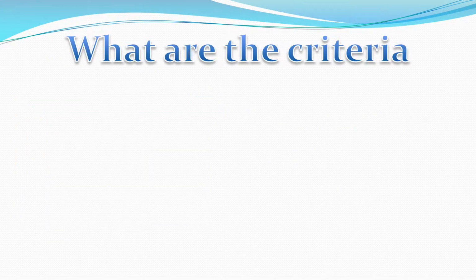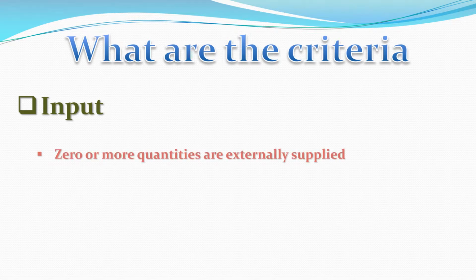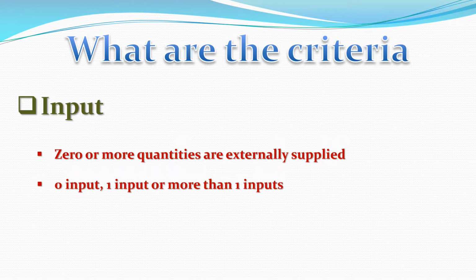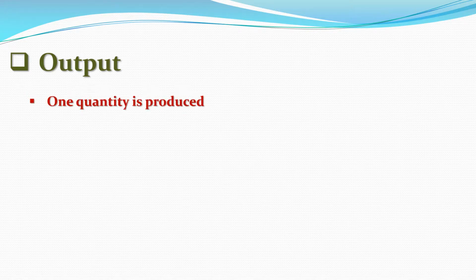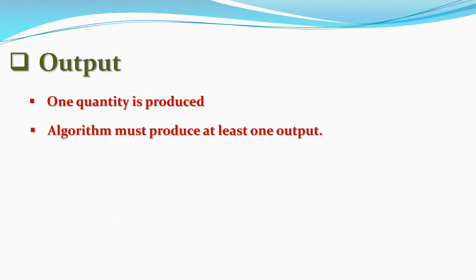First one, input. 0 or more quantities are externally supplied, which means an algorithm can have 0 inputs, 1 input, or more than 1 input. Output. At least one quantity is produced, that means an algorithm must produce at least one output.